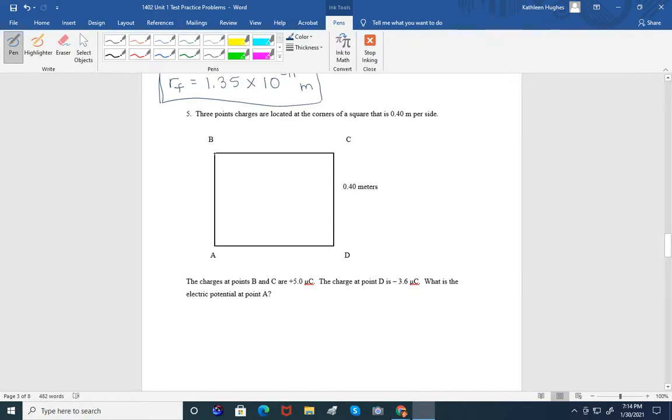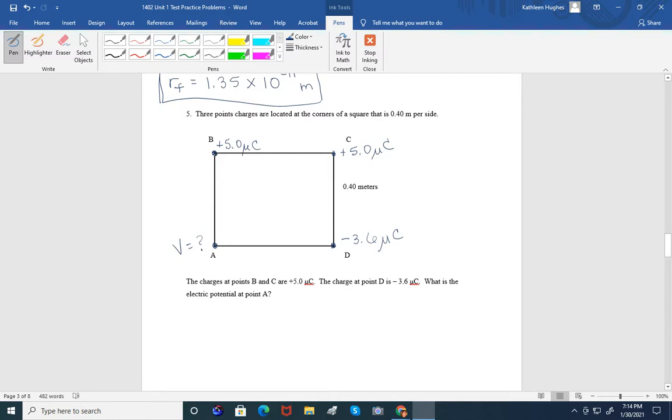So if we wanted to draw this, right here there'd be a positive 5 microcoulombs, right here there'd be positive 5 microcoulombs, but down here at point D, there is a negative 3.6 microcoulombs. It says, what is the electric potential at A? So we're looking right here, and they're saying, what's the voltage? What's the potential at that point?